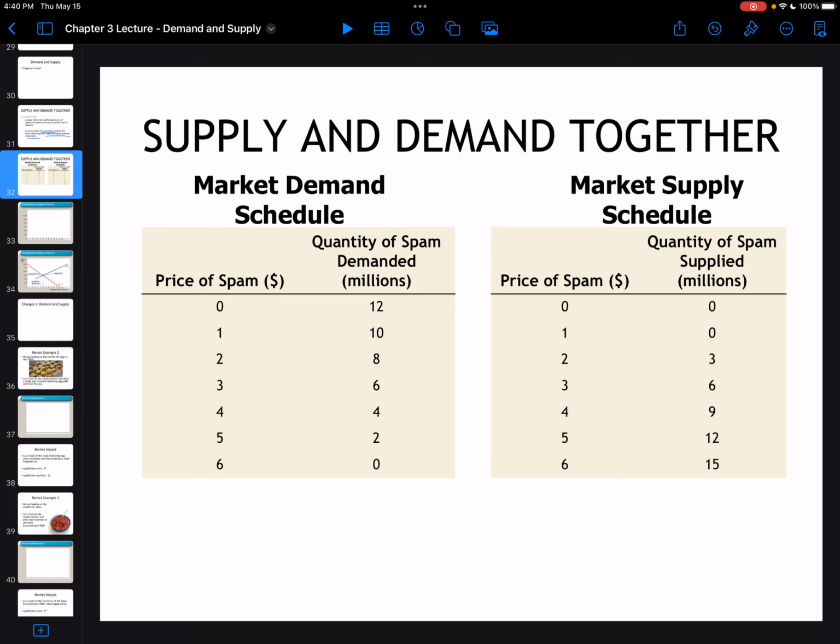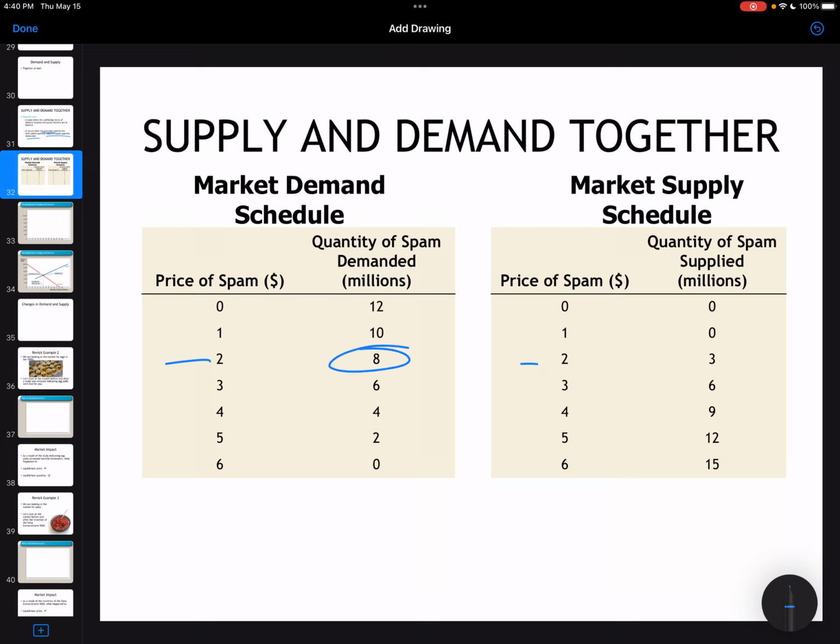If we look at a price of 2, the quantity demanded by buyers and the quantity supplied by sellers don't match. Buyers at that low price would buy 8 million cans. Sellers are only willing to sell 3 million, so they don't agree there.